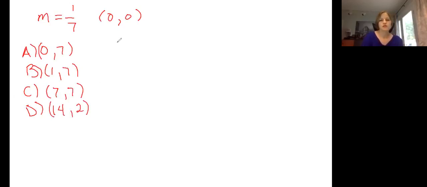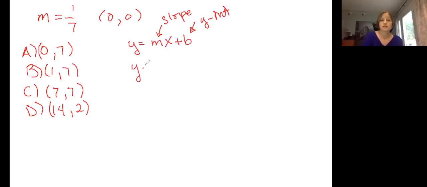So solving this algebraically, I could say, what is the equation of the line? My equation of a line is y equals mx plus b. m is my slope, and b is my y-intercept. So this gives us the slope. It says it's 1/7.